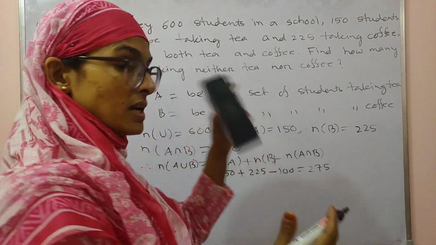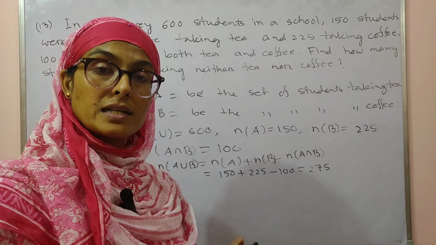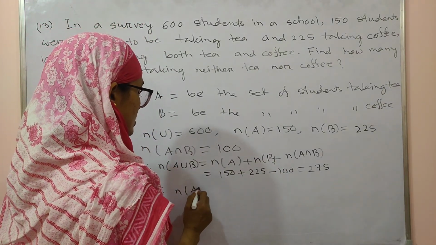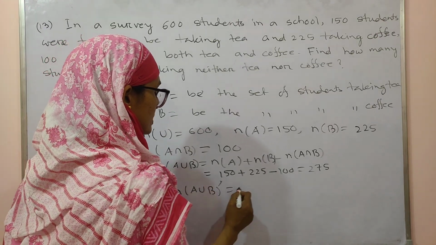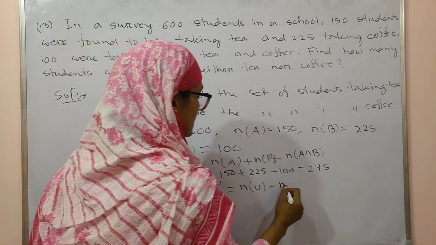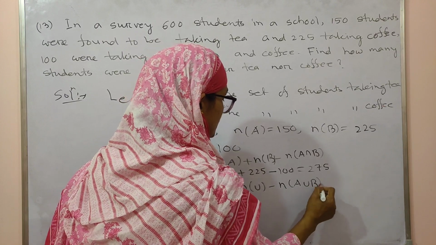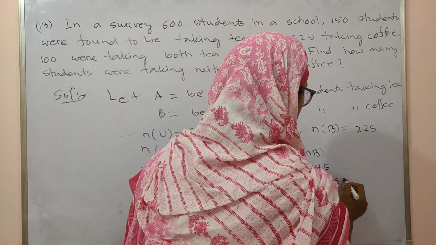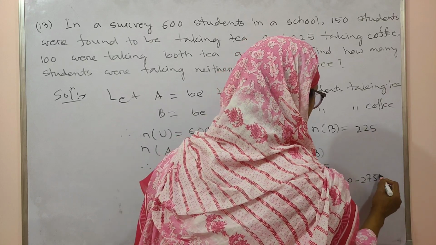That means you have to find now neither tea nor coffee. So therefore this is the complement, number of A union B complement, number of U minus number of A union B. This is the neither tea nor coffee. So 600 minus 275.